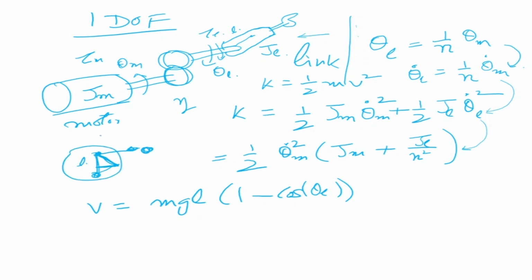Let me draw it again. When you're looking from this side, the link is like this. When it is pointing downward, this is my reference 0 for potential energy. Then when it goes up, this is my L and this is my theta. How much has it gone up?